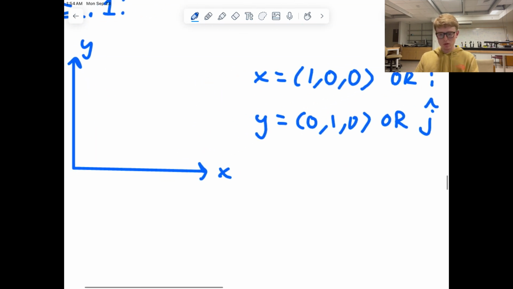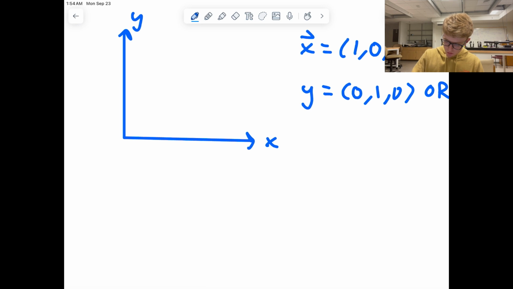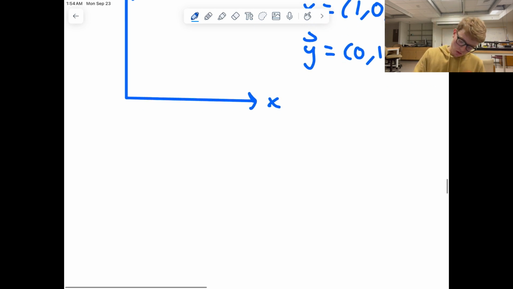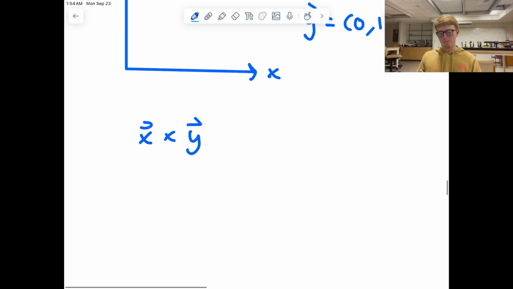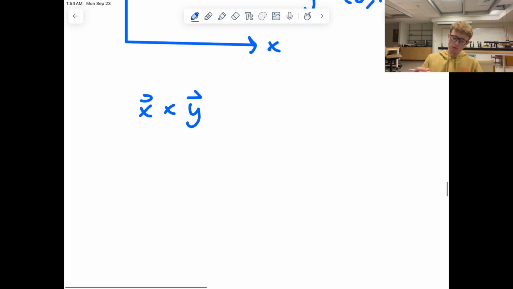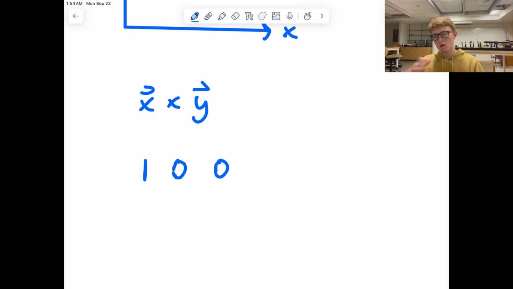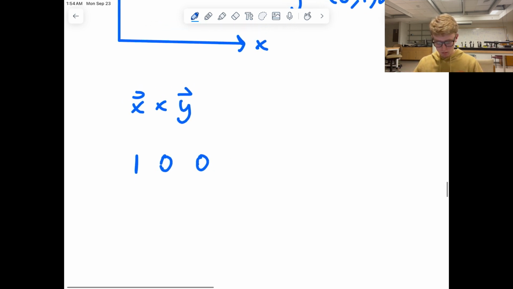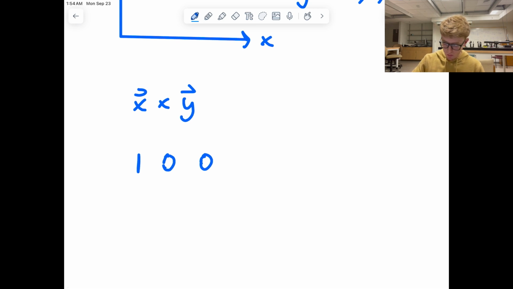So now what happens, and I should use the correct notation here. So now what happens when I cross these two? Let's find out. So we're gonna do x hat cross y hat, okay? So let's write this out. So x is 1, 0, 0. So I'm just gonna do my preferred method. Feel free once again to practice the other method if you think that's easier for you, or if you just want more practice.